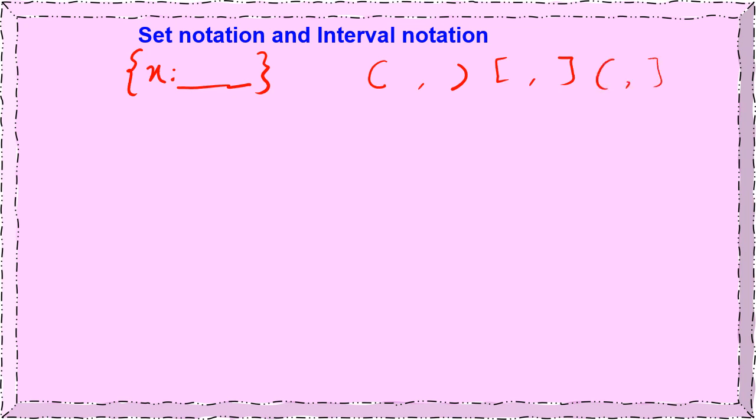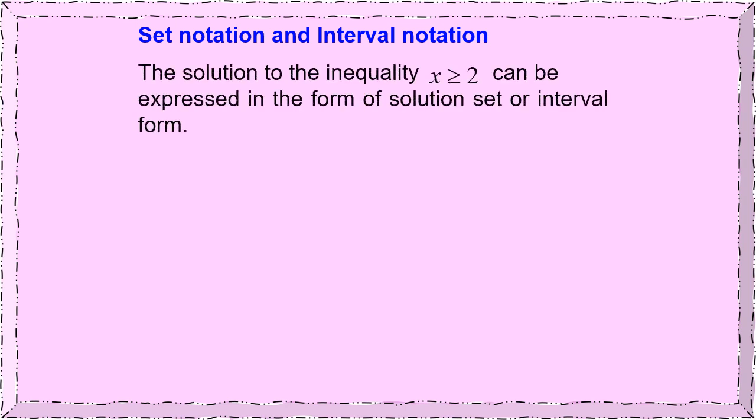This is what we call set notation and interval notation. We use these methods to represent the answer for inequalities. The solution to the inequality x more than or equal to 2 can be expressed in the form of a solution set or interval form.